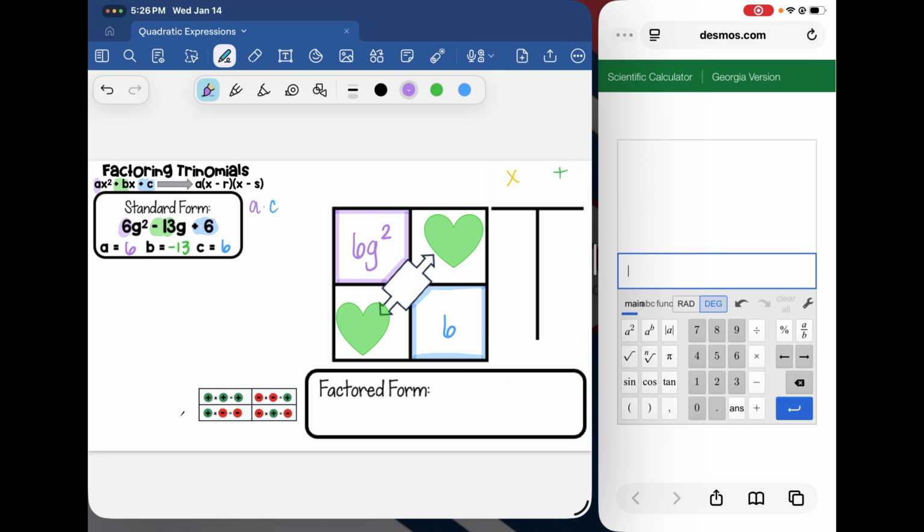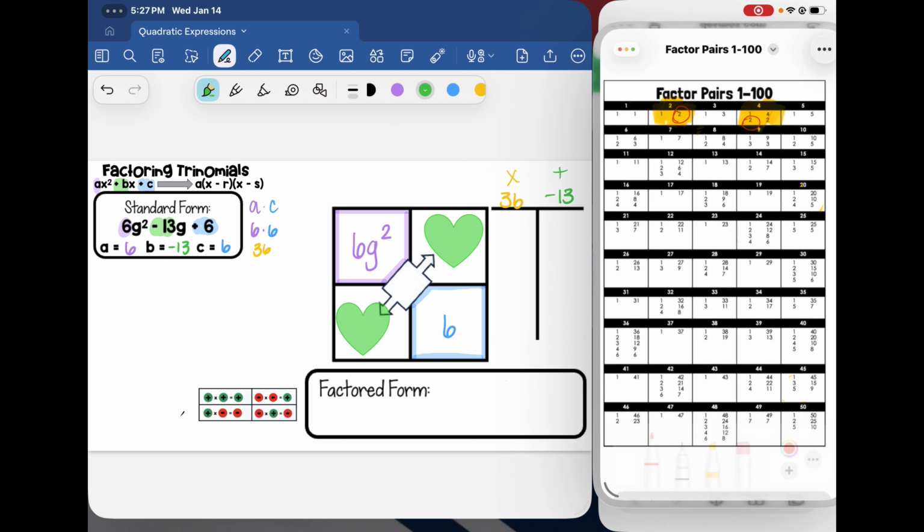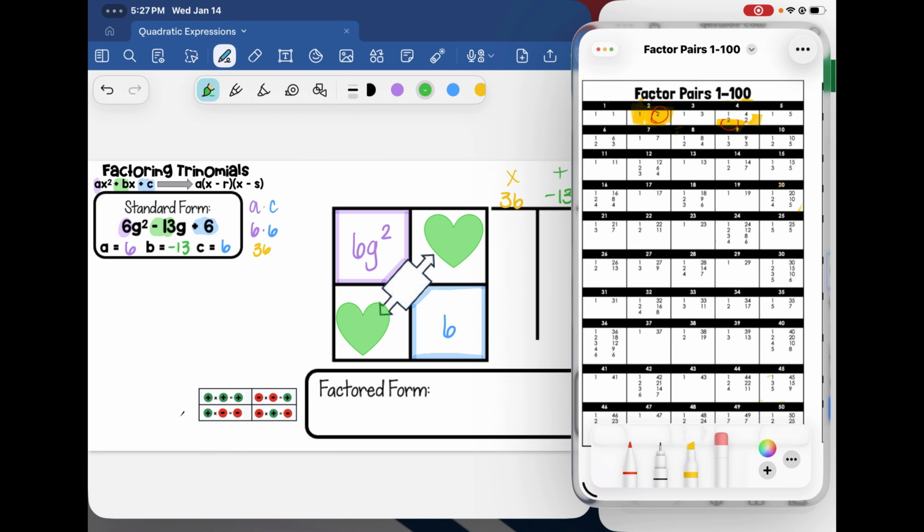So a is 6 times c, 6 times 6 gives me 36. So I want 2 numbers that multiply to 36 but add to a negative 13. All right, so we go to our factor pair list and we find 36, which is right here.